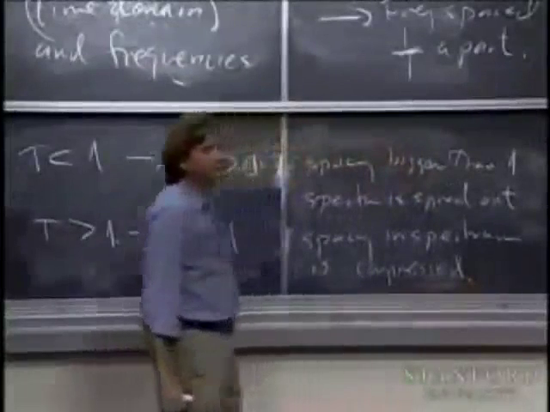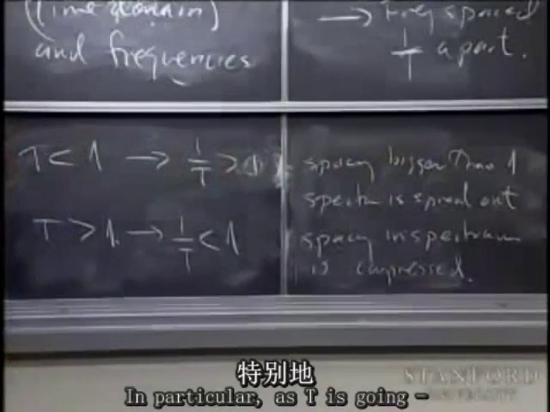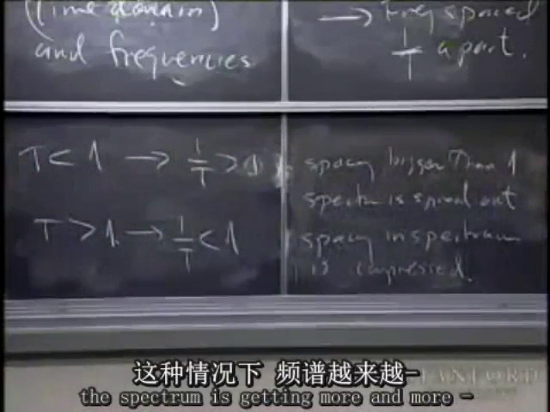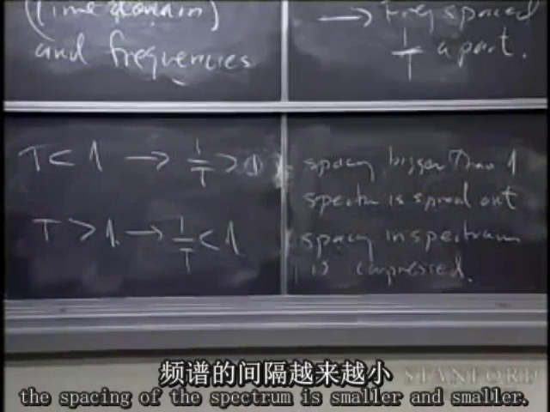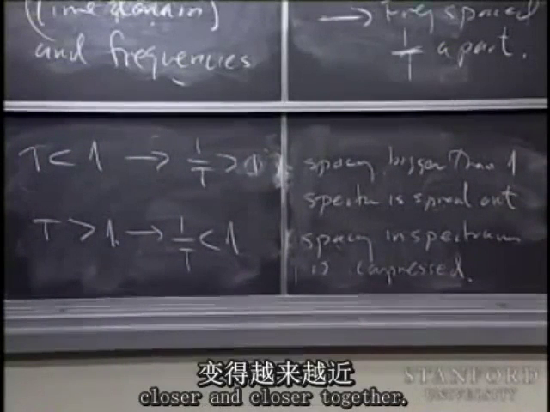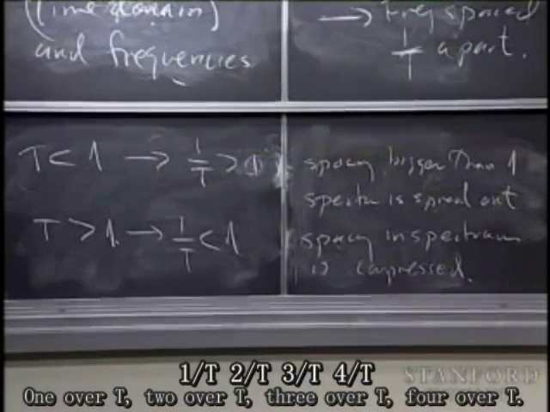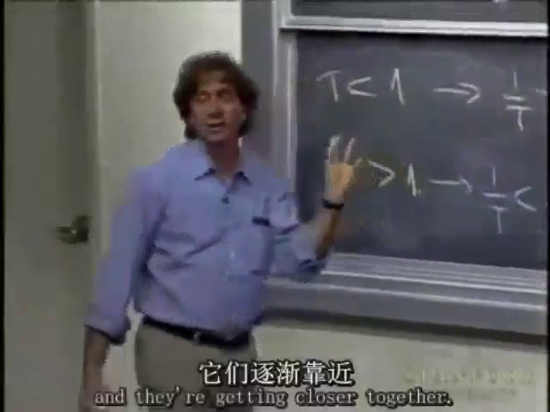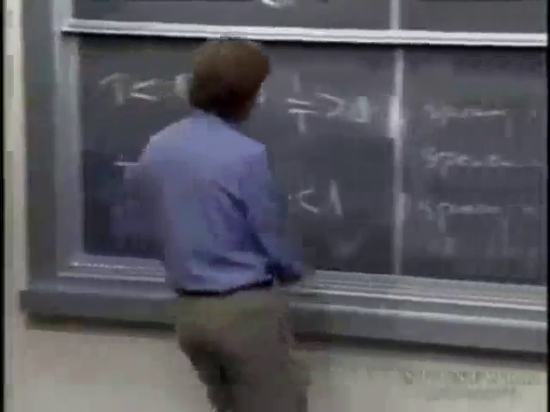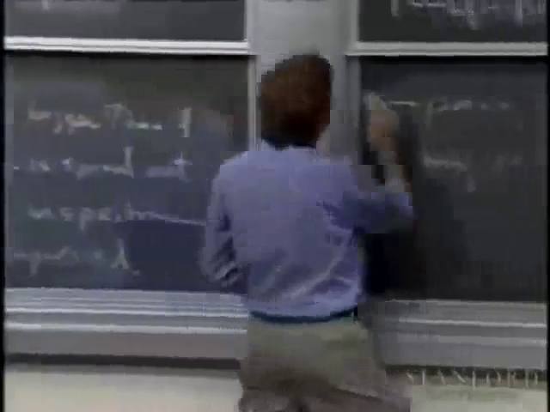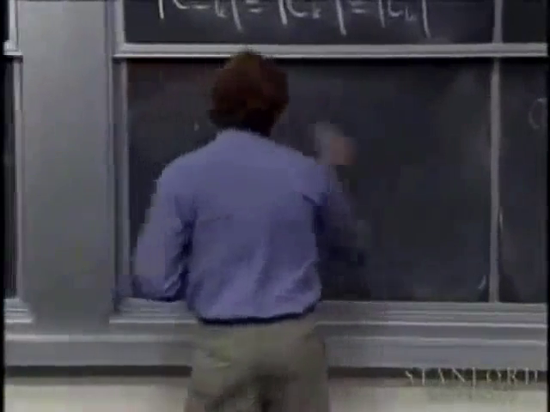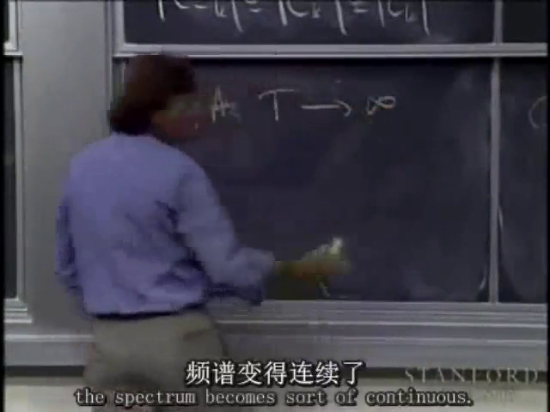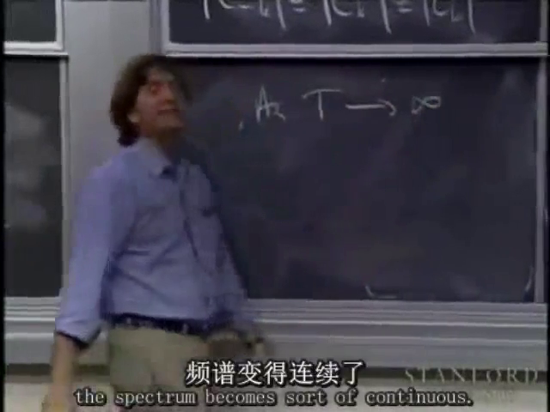All right? In particular, as capital T goes to infinity, which is the case ultimately I want to deal with, the spacing of the spectrum is smaller and smaller. The frequencies are getting closer and closer together. 1 over T, 2 over T, 3 over T, 4 over T, they're getting closer and closer. As T tends to infinity, the spectrum becomes sort of continuous.